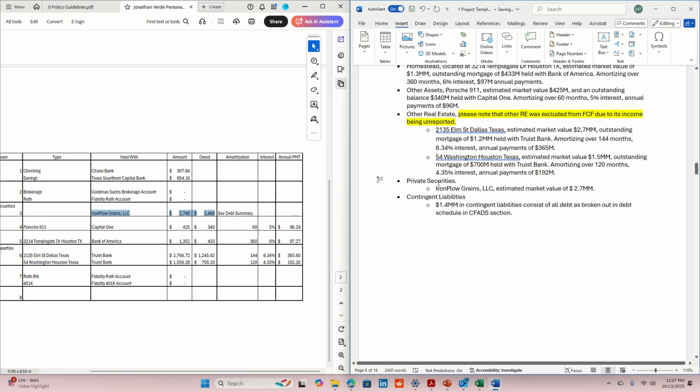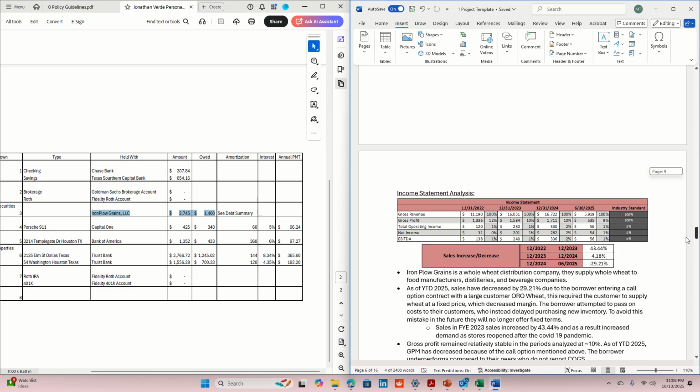When it comes to the privately held securities, most likely it's going to be their ownership of their business. I just want to know the business name, estimated market value. Copy my statement exactly for the contingent liabilities, except your debt is going to be different. Remember, your debt is based on the debt schedule in the CFAD section.